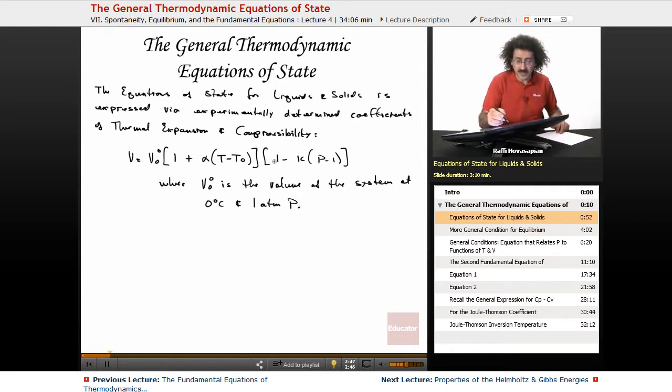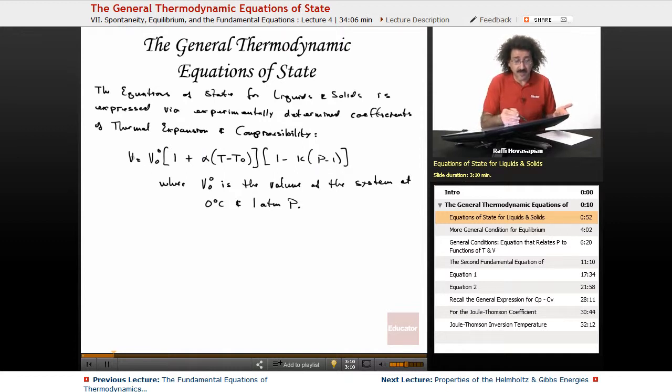That's it. So this is the equation of state, just like PV equals nRT is the equation of state for an ideal gas. And the van der Waals equation is an equation of state for a van der Waals gas, a little bit more of a real gas, although not quite real behavior, but it's a little bit better than the ideal gas. This is the equation of state for liquids and solids.